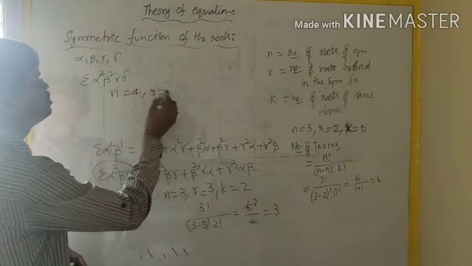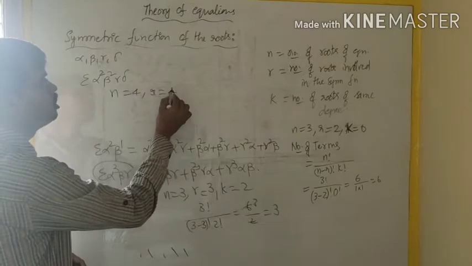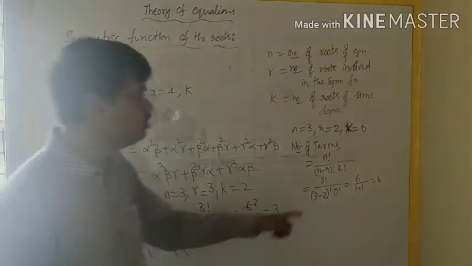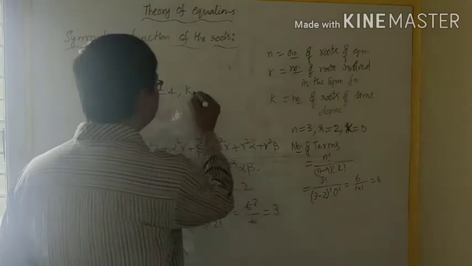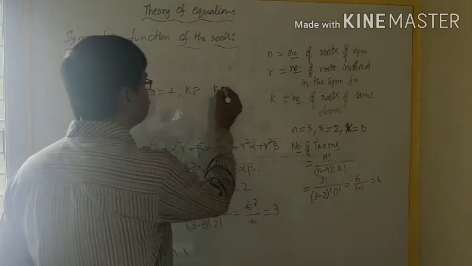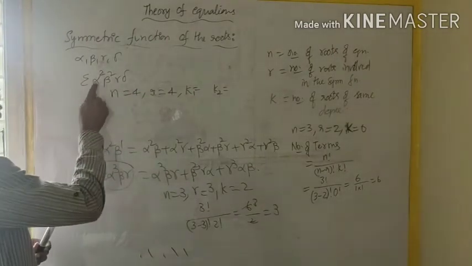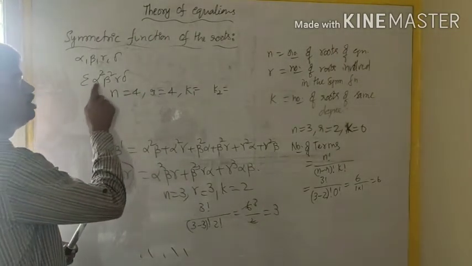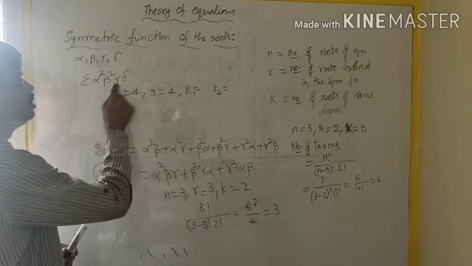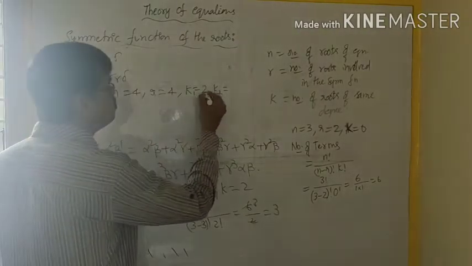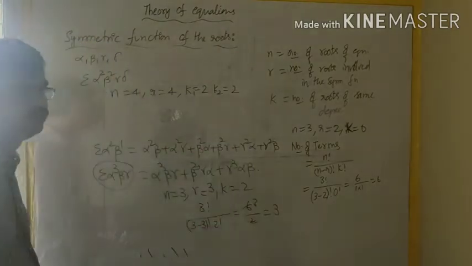R value is also 4 because all 4 are involved in this. But here k will be divided into k1 and k2, because alpha and beta have the same index, gamma and delta also have the same index. So here we should write k1 value 2, k2 value 2.